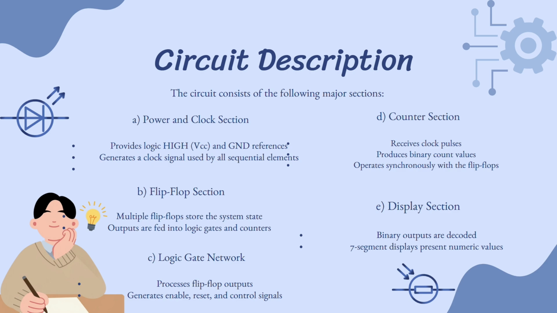Logic gate network processes flip-flop outputs and generates enable, reset, and control signals. Counter section receives clock pulses, produces binary count values, and operates synchronously with the flip-flops.